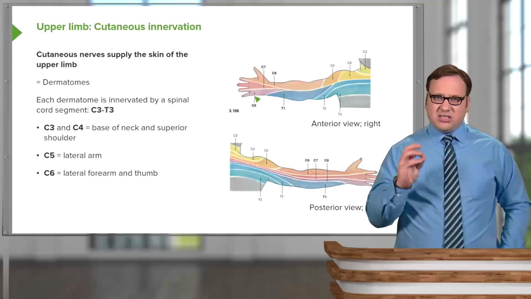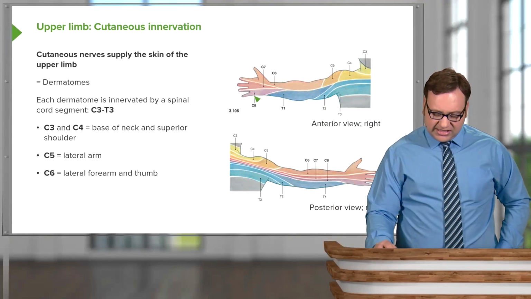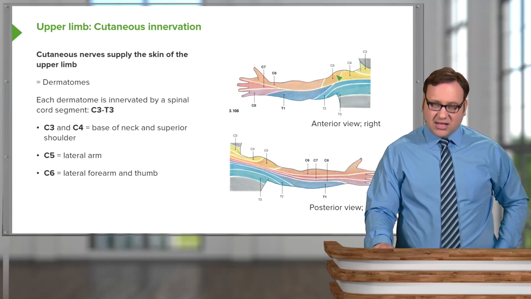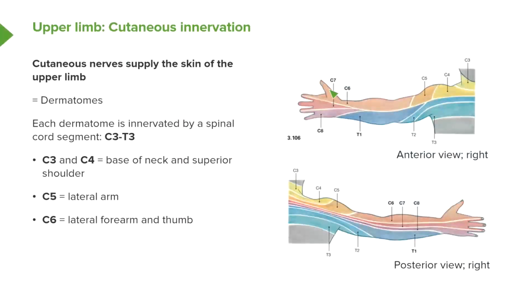These segments of the spinal cord receive sensory innervation from these respective parts of the body. So if someone was to hold your thumb, that information would pass to the 6th cervical spinal cord segment. If they were to touch your shoulder, it would go to either C5 or C4, depending on which bit they touched. So we have a map on our upper limb which tells the spinal cord where that sensation is coming from.